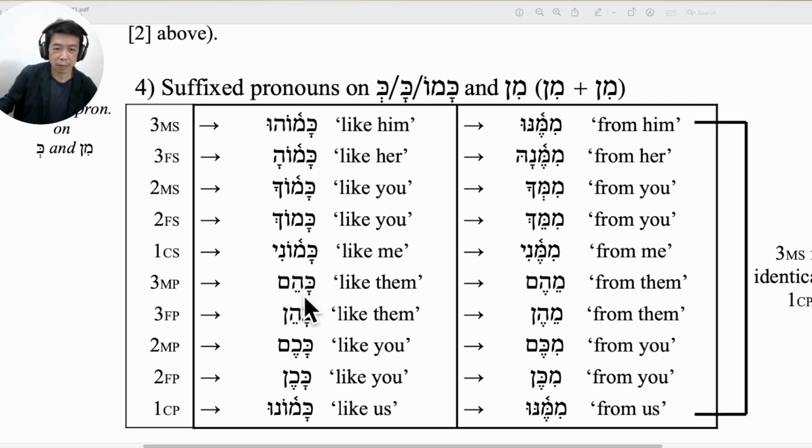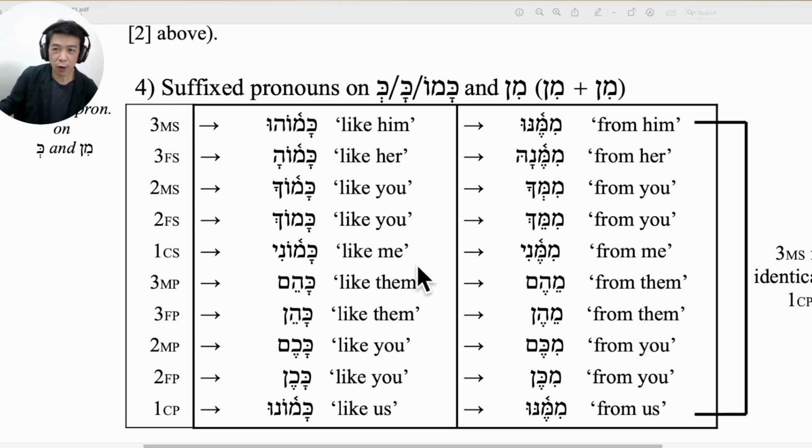Like them will become kahem. Like them in the third person feminine plural becomes kahen. Like you for second person masculine plural becomes kahem. Like you for second person feminine plural becomes kahen. And like us will become kamonu.